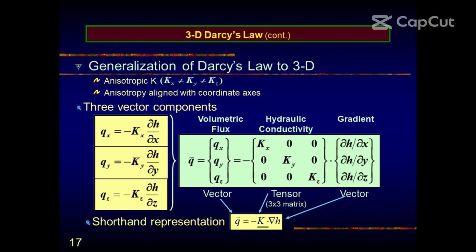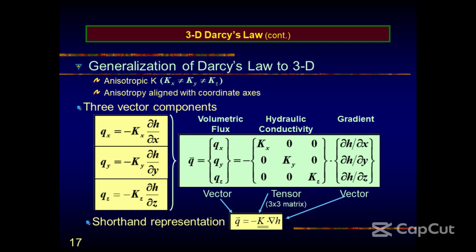Now let's move on. Generalization of Darcy's law to 3D. Here we have anisotropic hydraulic conductivity, and the anisotropy is aligned with the coordinate axes. So now that is clearly captured. The three vector components are Qx, Qy, Qz, and this is the volumetric flux in vector form.